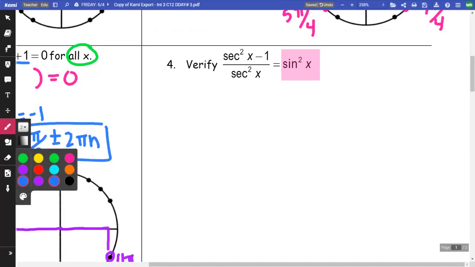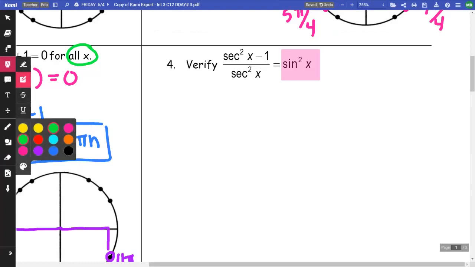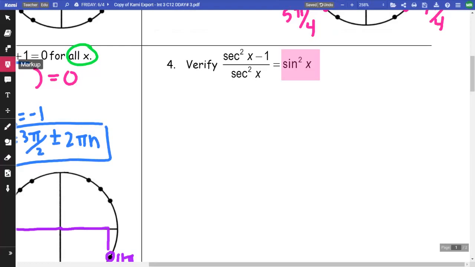Another way to do it is to recognize this right here, let me highlight it in purple. That comes from our Pythagorean identity, where we have 1 plus tangent squared x equals secant squared x.